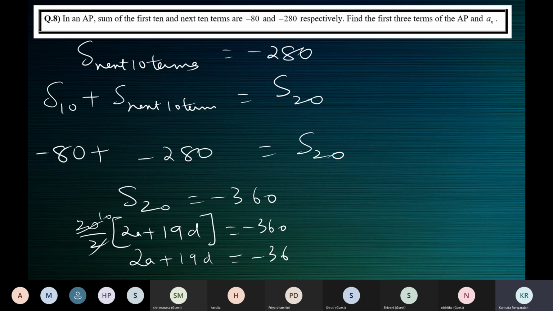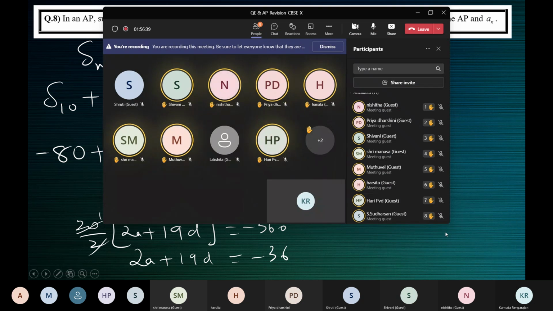No doubts, class? Did you get these two equations? Say yes or no. Yes, ma'am. Okay.